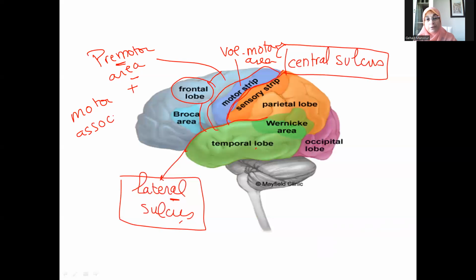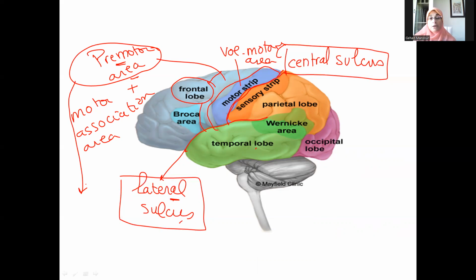Motor association area, meaning that the premotor area is, as I told you, very developed in primates, and in monkeys it has been proved to be very developed. The premotor area is responsible for planning movements, meaning that for a monkey, for example, if he sees a banana on a tree, he would think rapidly and plan movements, how to reach the banana, what's the easier way to reach the banana.